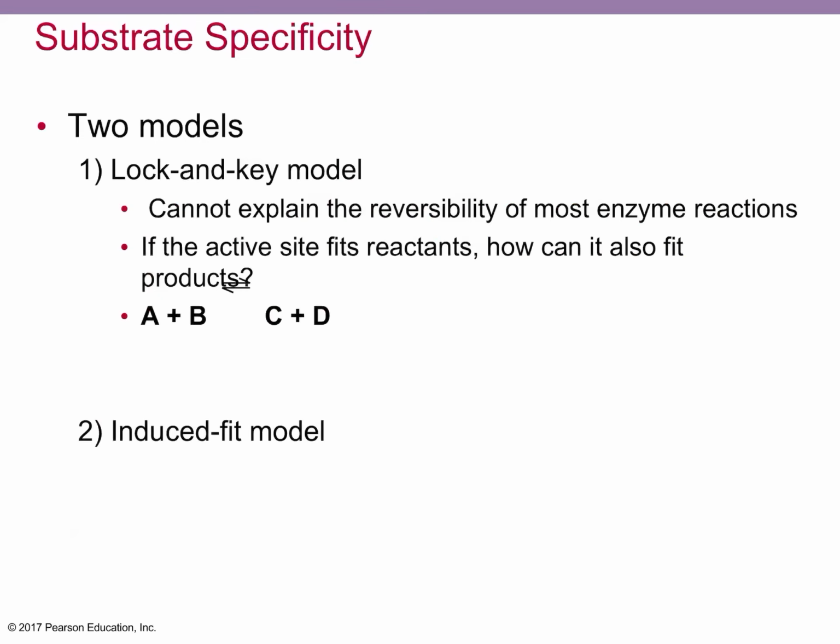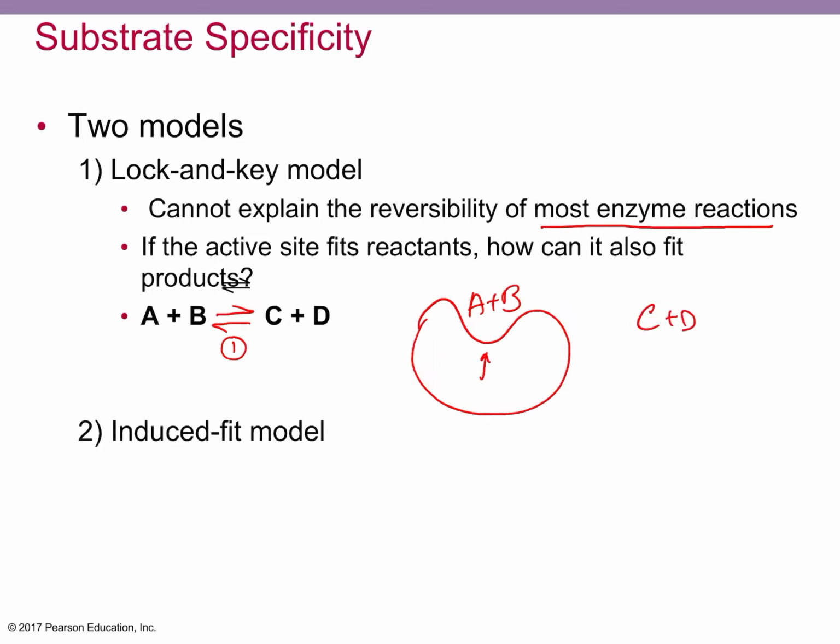The problem with the lock and key model is that most enzymes are reversible. So if there's one enzyme that catalyzes A plus B to the product C plus D, for the lock and key, the active site should only fit the reactants A plus B and should not fit the products C plus D. We spit the products out.